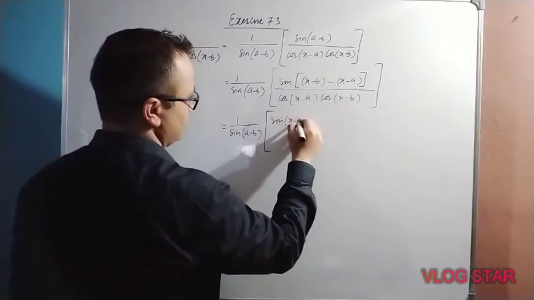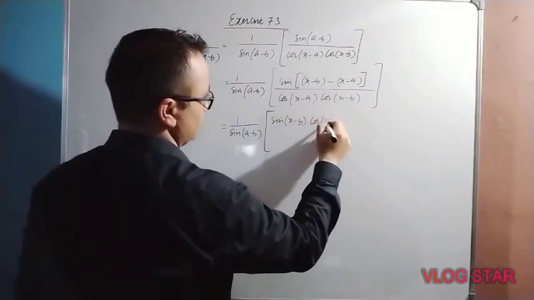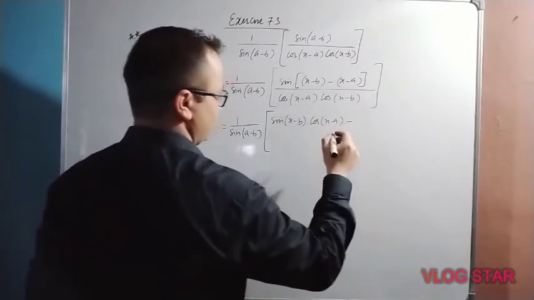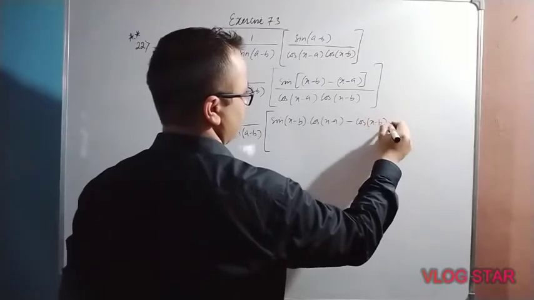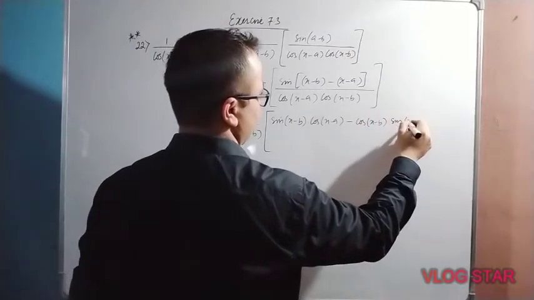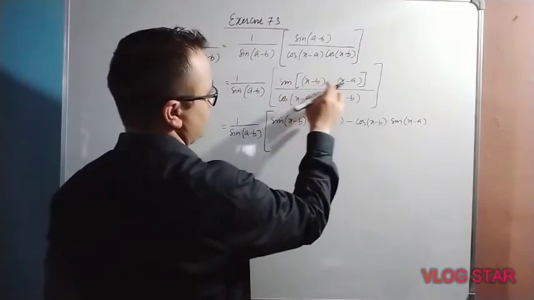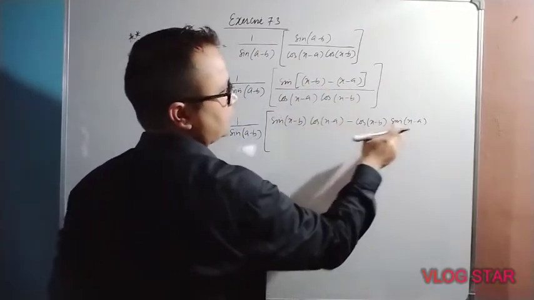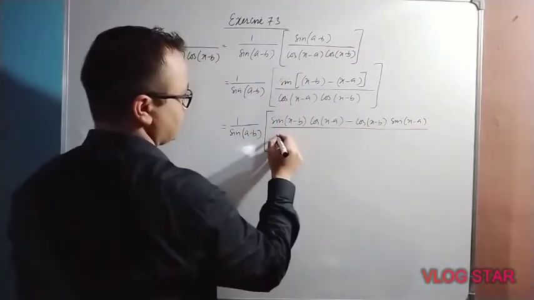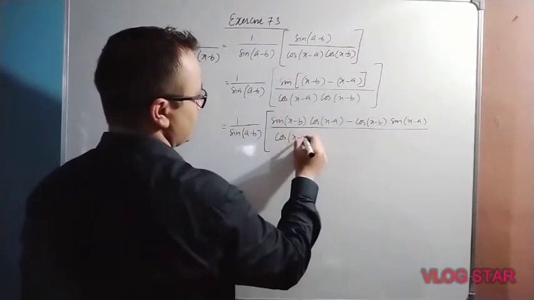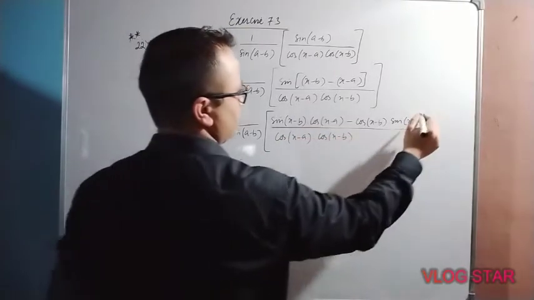So sine of x minus b minus x minus a becomes sine x minus b cos x minus a minus cos x minus b sine x minus a, divided by cos x minus a into cos x minus b.